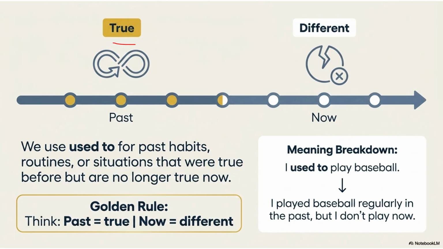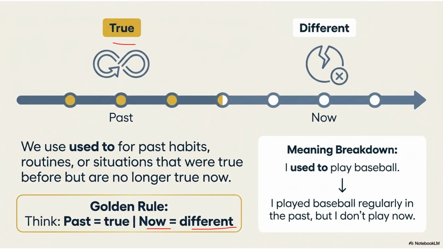Again, we use used to for past habits, routines, or situations that were true before but are no longer true now. That's how we use used to. So the golden rule is think: past, true, now, different. Okay?